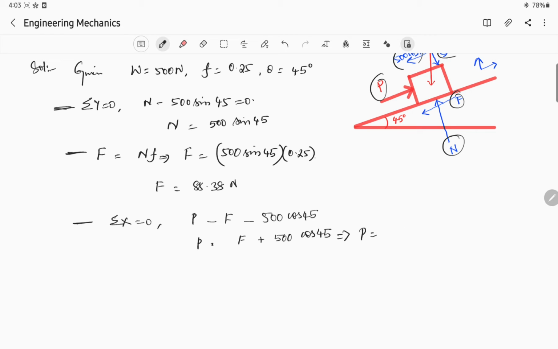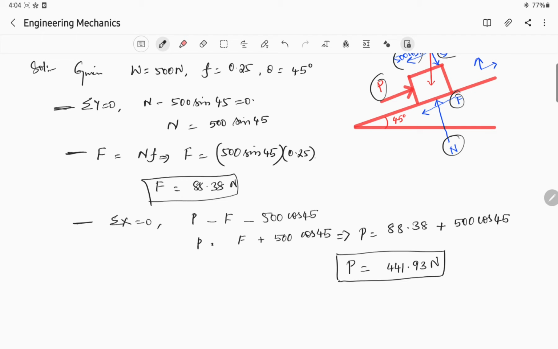What is the value of F we have? Value of F is 88.38. 88.38 plus 500 cos 45. So the value of P is 441.93 Newton. This is the value of force P required to cause the motion.